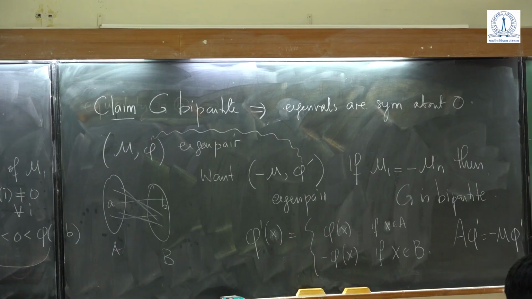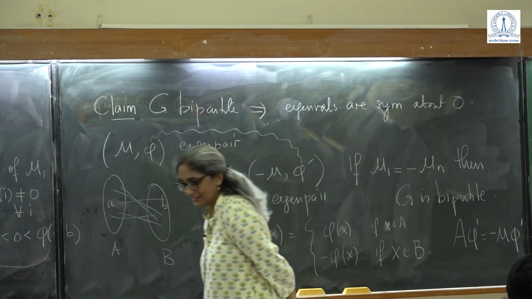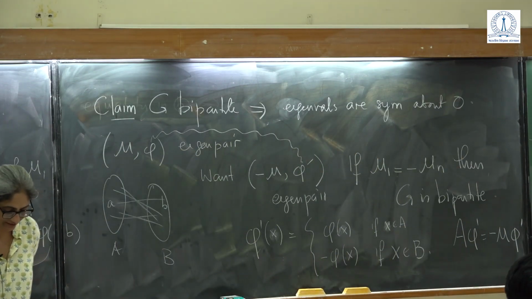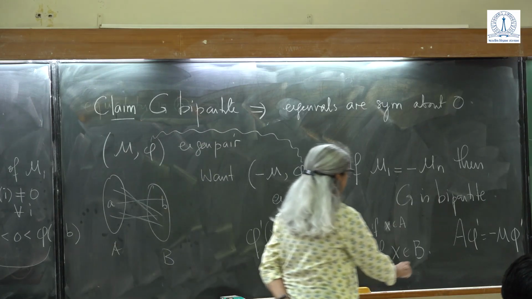I mean, phi evaluates to 0 in all of the B part, and minus phi is also 0 in that B part. So phi prime will be equal to phi. So maybe you have to check some corner cases don't happen. But I think it'll go through if you check all the little pieces. So you have to actually just calculate this.